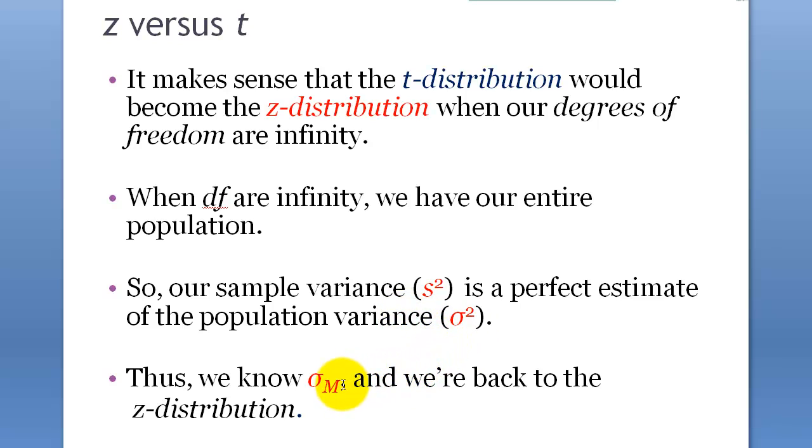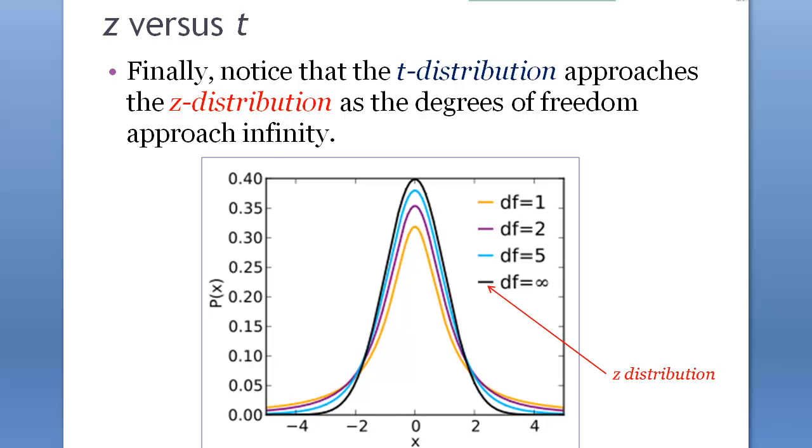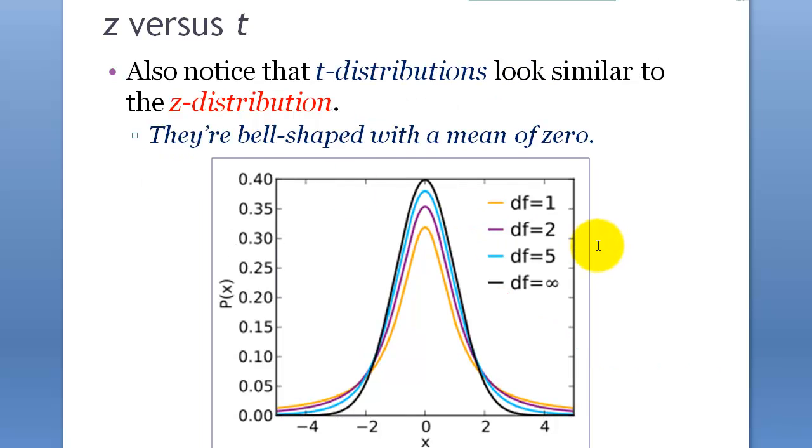So we know sigma sub m, and we are back to the z distribution. But in most cases, the sample size is not infinity, it's kind of small, so there's a margin of error between the population and the samples now, and when you take that into consideration, each time you pick a sample with a different degrees of freedom, it creates a different distribution shape too. Okay.